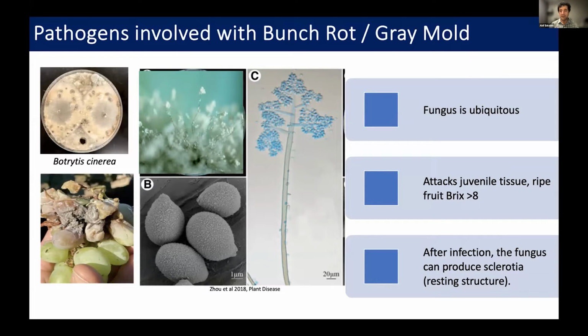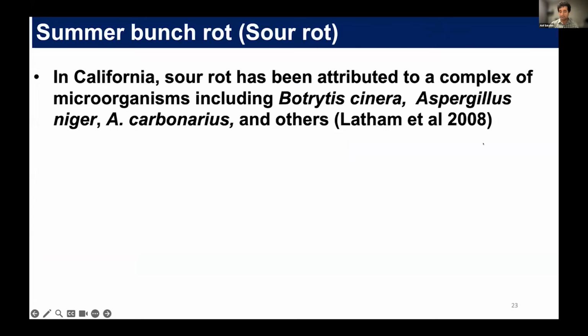They consume sugar better than any other organisms. Besides botrytis bunch rot, we also have summer bunch rot and sour rot, which is mostly a problem for table grape growers.